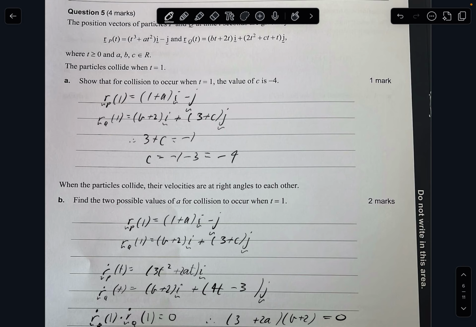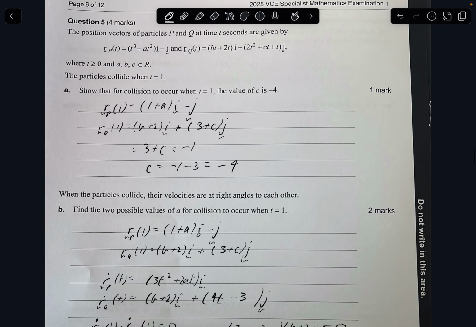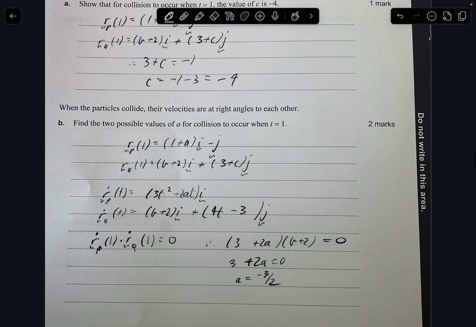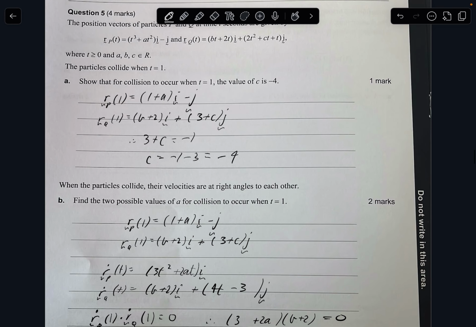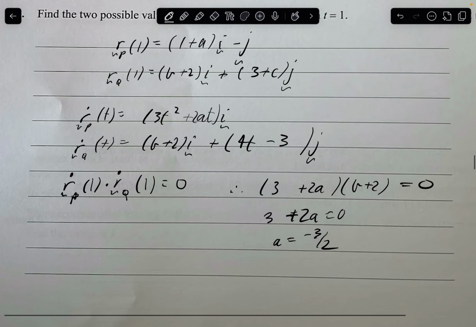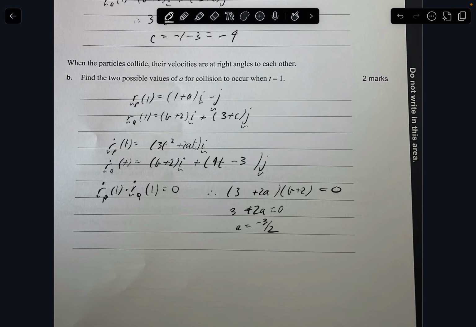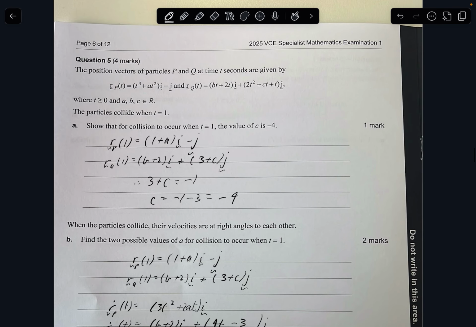b equals negative 2, but 3t squared plus 2at, and then b plus 2 and 4t minus 3. If b is negative 2, what's a?